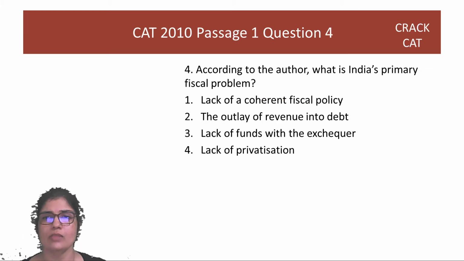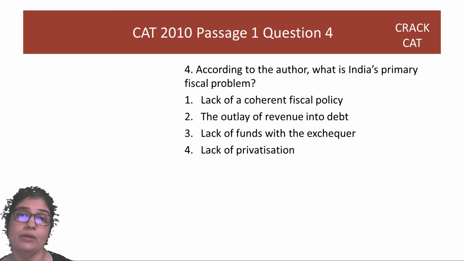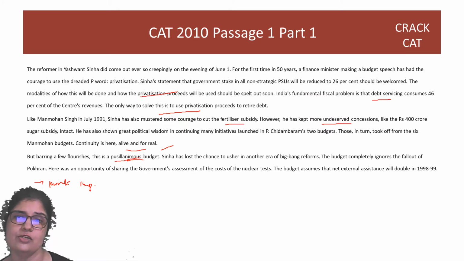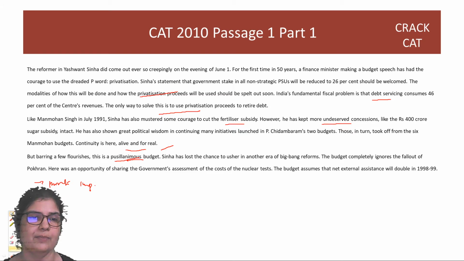Okay. According to the author, what is India's primary fiscal problem? Of course, it seems like the policy is not good, revenue, debt, privatization is not there, right? He's openly welcoming privatization. But if you come here, you see he has clearly mentioned India's fundamental fiscal problem, guys. So, let me just get my pen.